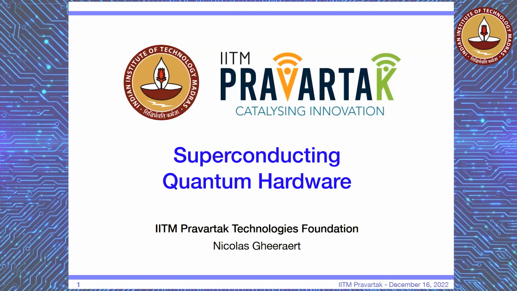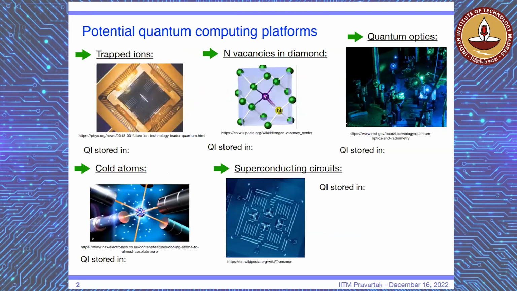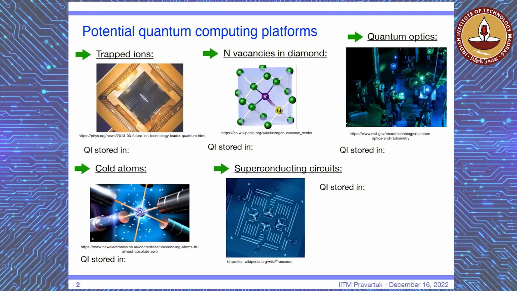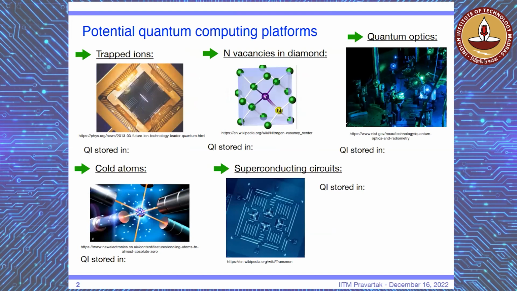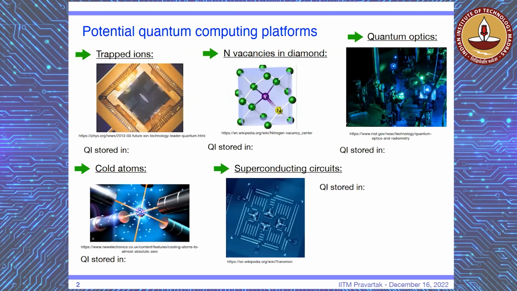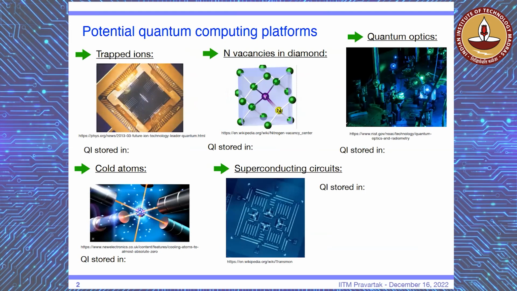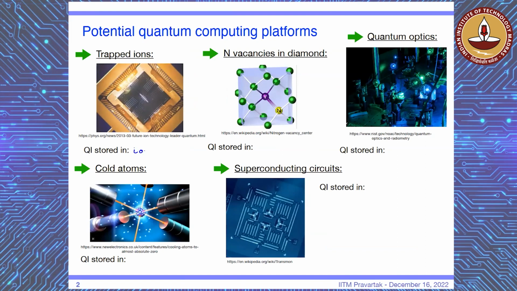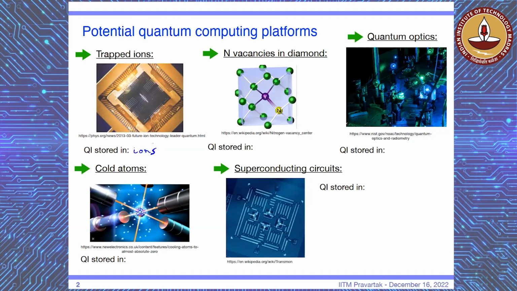Just as an introduction, obviously superconducting qubits is not the only platform. There are various platforms, which have their own specificities in how you encode quantum information. For example, trapped ions: the idea is you store the quantum information in ions, in different orbitals of the ions.